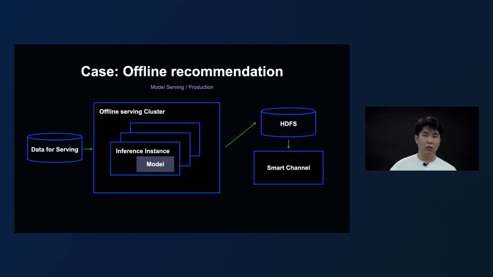And we loaded all of the necessary data and made it so that all the predictions could be made at once. As a result, predictions about all of the users could be made in bulk within 5 hours. And the result is organized in HDFS as a snapshot and then delivered to the Smart Channel.